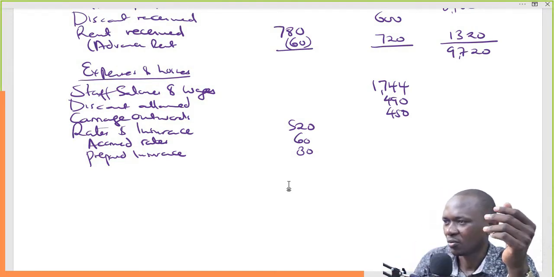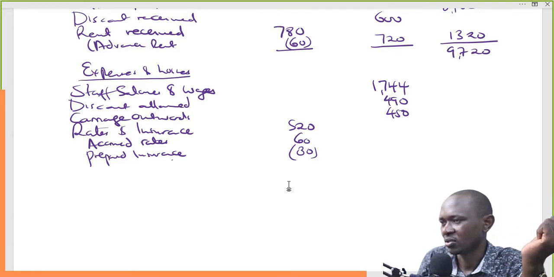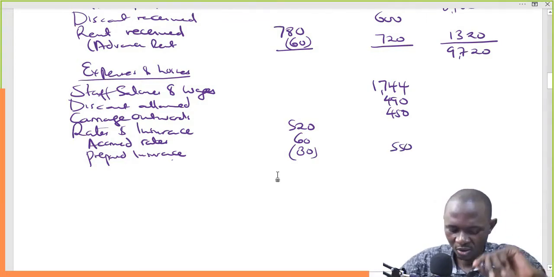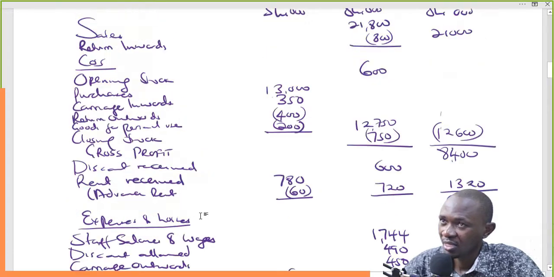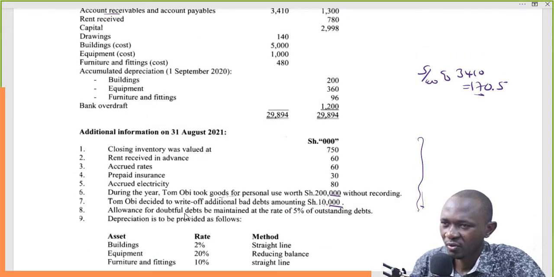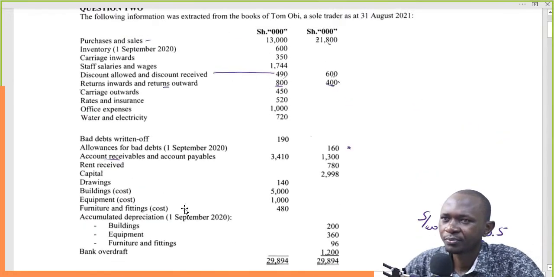So it means we are going to less this. So we add accrued rates, we less prepaid insurance. So this will give us 550, if I'm not wrong, 550. So add all of them and you will get the answer 550. So we are done so far with those, and we are moving on well.